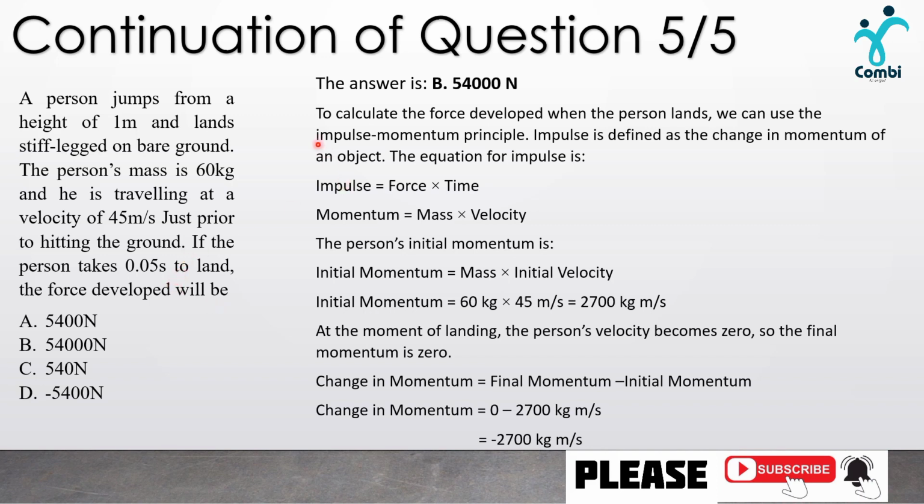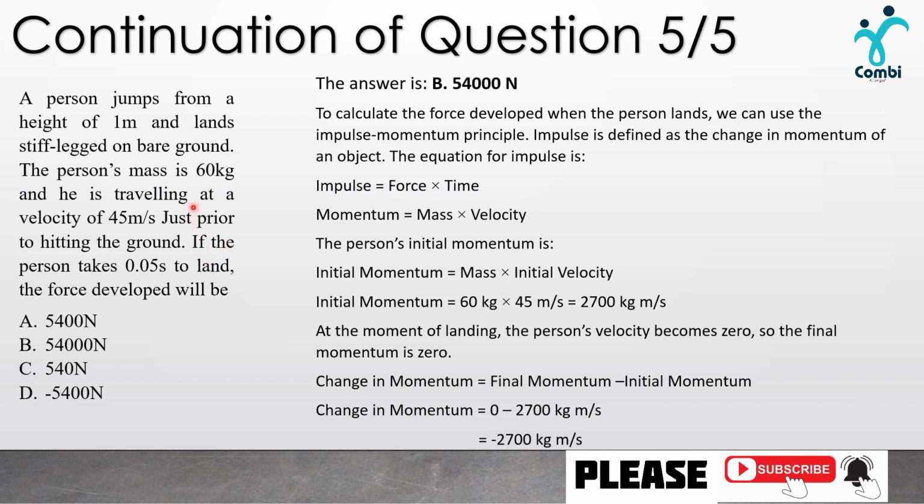So if you understand the equation, you have this person falling on the ground, you have his mass and the velocity at which he was traveling, and then he hits the ground. Okay, this is what we have.